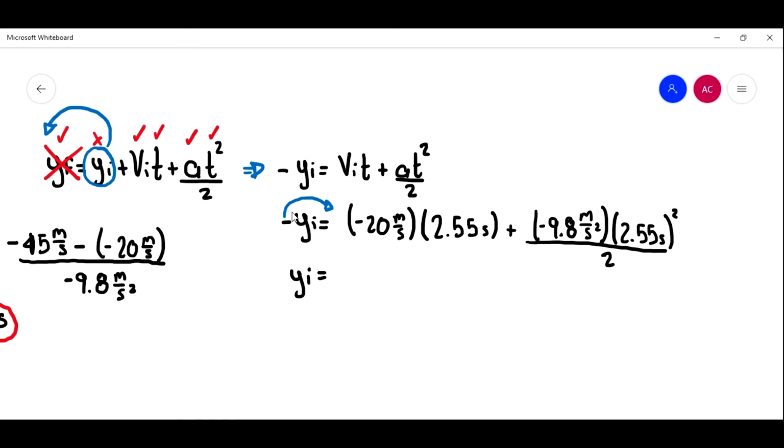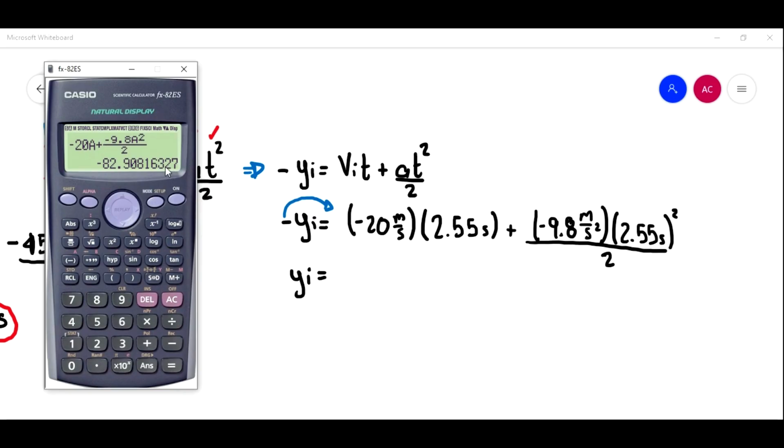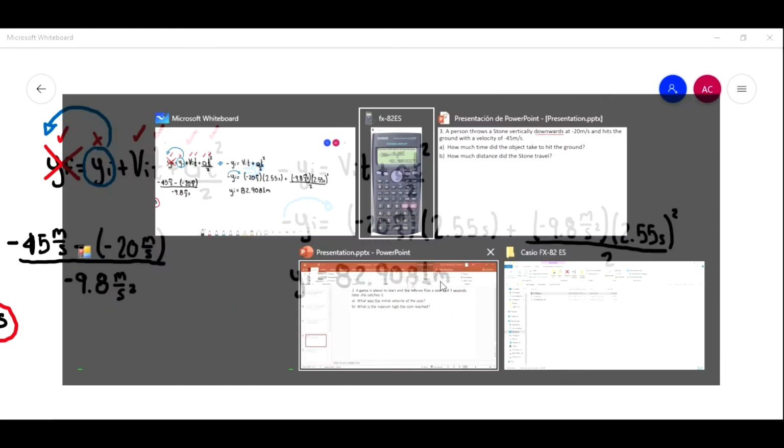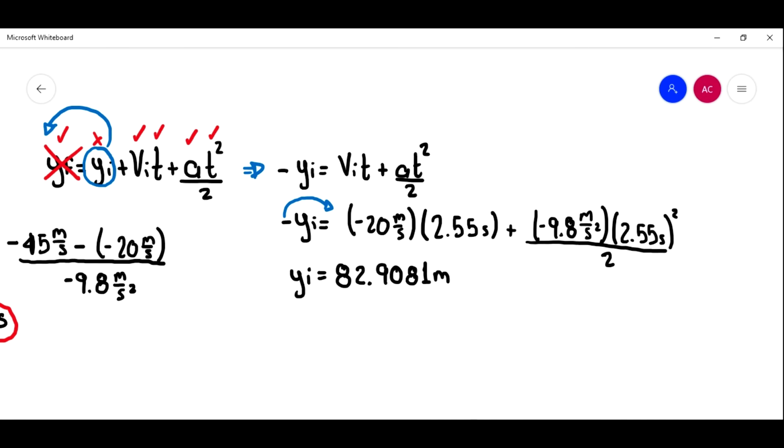So I'm going to multiply the final answer by the negative, so it's going to become positive. So it's going to be 82.9081 meters. Meters, because seconds got eliminated with seconds, second square got eliminated with second square. So this is the height or the distance that the stone traveled.